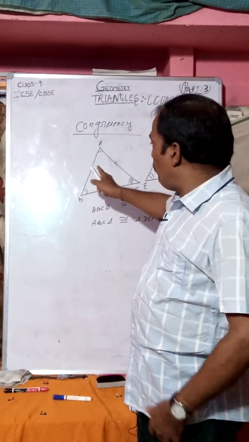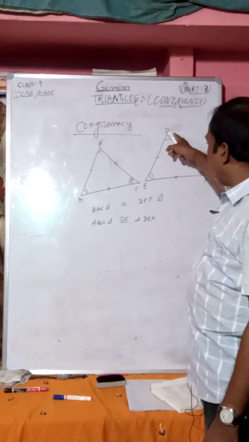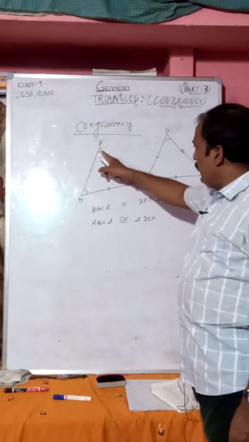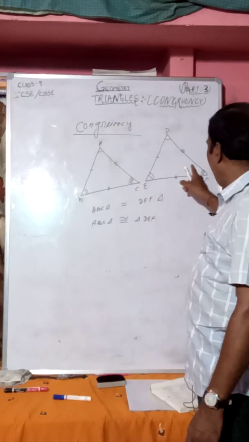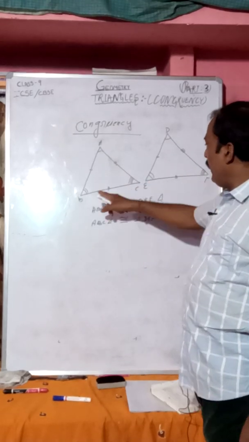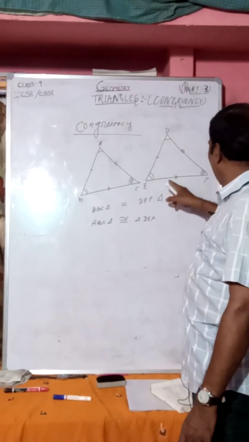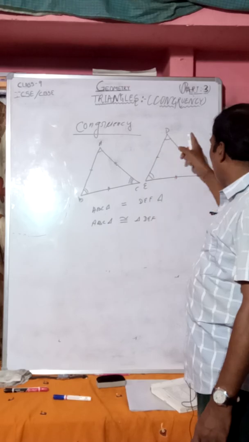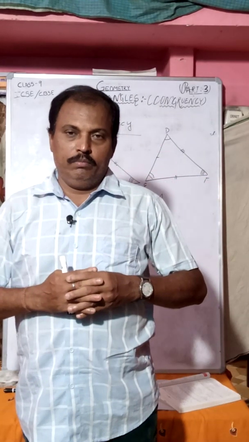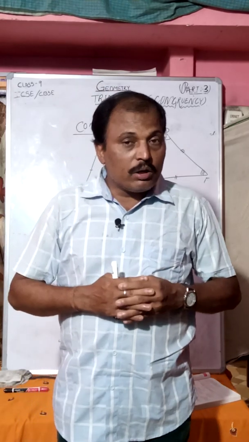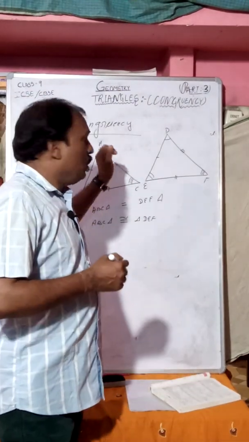When we place triangle ABC on triangle DEF, A falls on D, B falls on E, C falls on F, and AB falls on DE, BC falls on EF, and AC falls on DF. Then the two triangles coincide with each other, and these two triangles are called congruent.